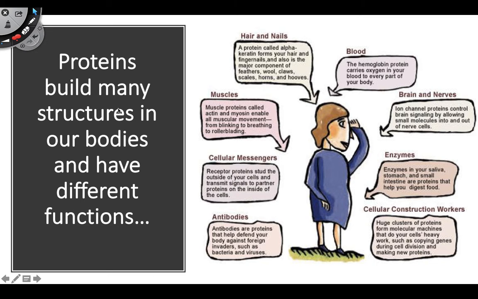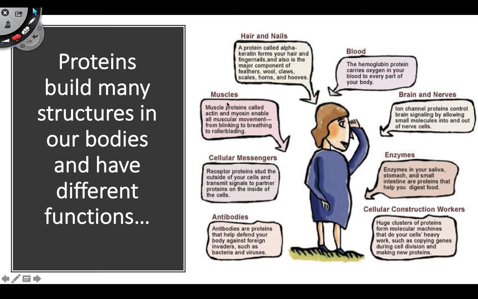And once you have the different proteins, whether structural proteins or globular proteins, these proteins are going to have different functions. Here we see some of the different functions of proteins. Proteins can form your hair and your fingernails, or they can form major components of feathers, wool, claws, scales, horns, hooves.